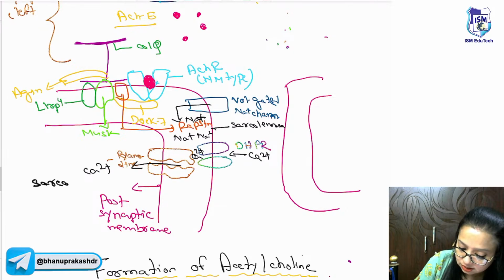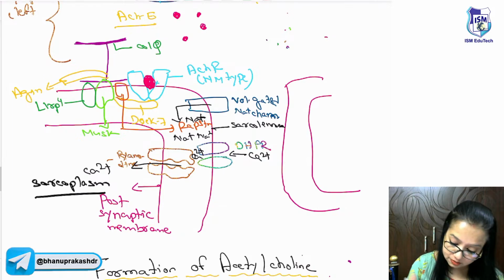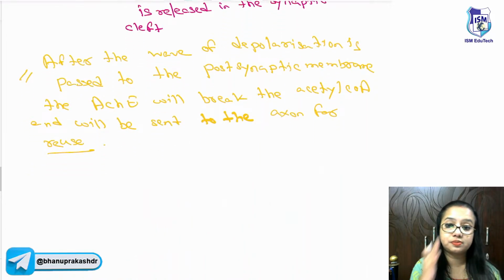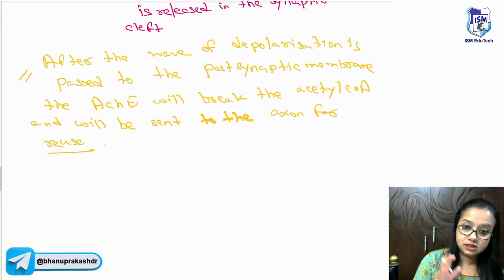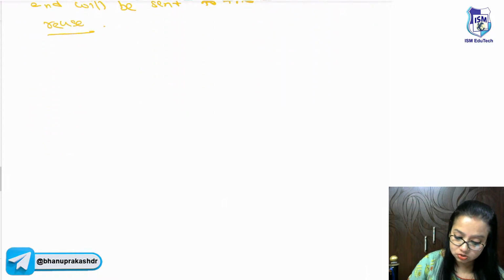This is how the wave of depolarization initiates the contraction of the muscle. This is the event that is happening in the neuromuscular junction.